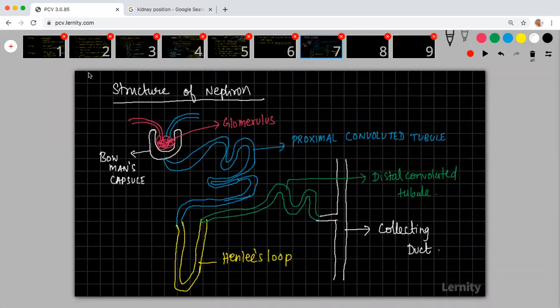I think this is a simple structure I have drawn in different colors so that you will be able to understand. The moment I draw something convoluted, it means the connections are there in a convoluted way. What is the meaning of convoluted? Like how your brain is, the same way it is convoluted.